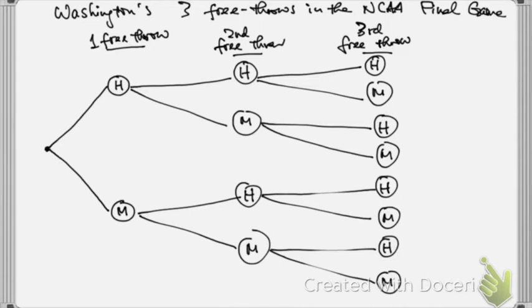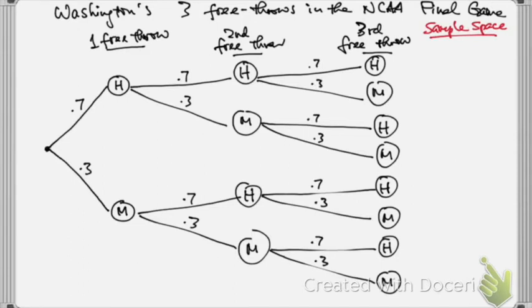Now remember, he's a 72% free thrower, so let's use 0.7 just for simplicity as the chance that he's going to hit it, and 0.3 as the chance that he's going to miss it. So I'm going to label all the probabilities like that: 0.7, 0.3, 0.7, 0.3.